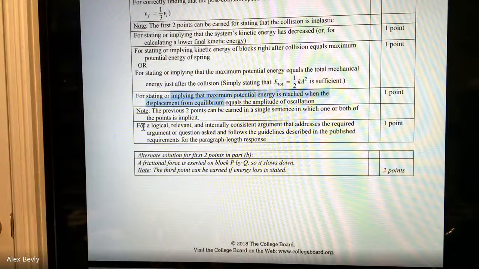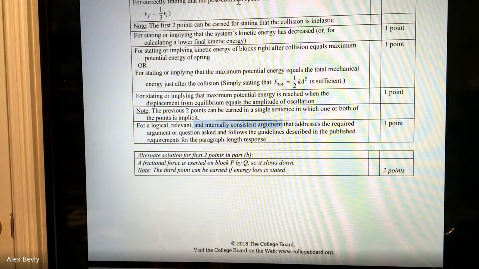And then this last one is a logical, relevant, and internally consistent argument. Logical, I mean, it follows. Relevant: we're talking about energy and momentum. You're not over here talking about rotational motion or some completely random thing. Internally consistent, so you can't contradict yourself. You can't say we have less energy here and then more energy there.